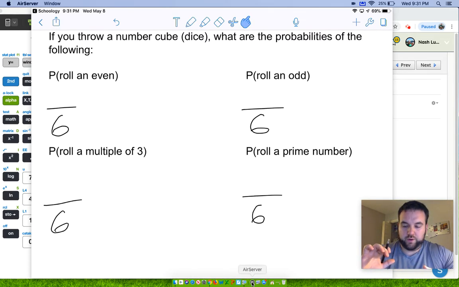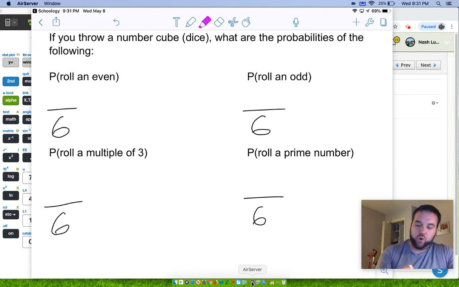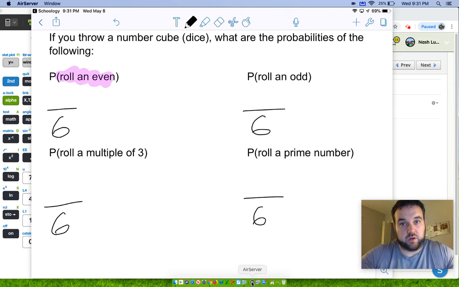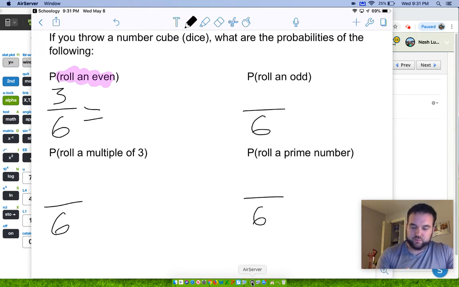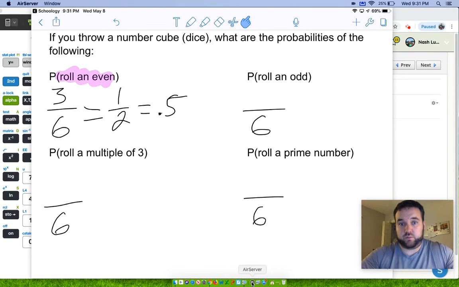What is the probability that I roll an even number? Well, think to yourself, how many evens are on that die? We have 2, we have 4, we have 6. So of the 6 sides, 3 of them would result in a hit for the event that I'm looking for. 3/6 would reduce to 1/2, or 0.5, or 50%. Any of those things would work.